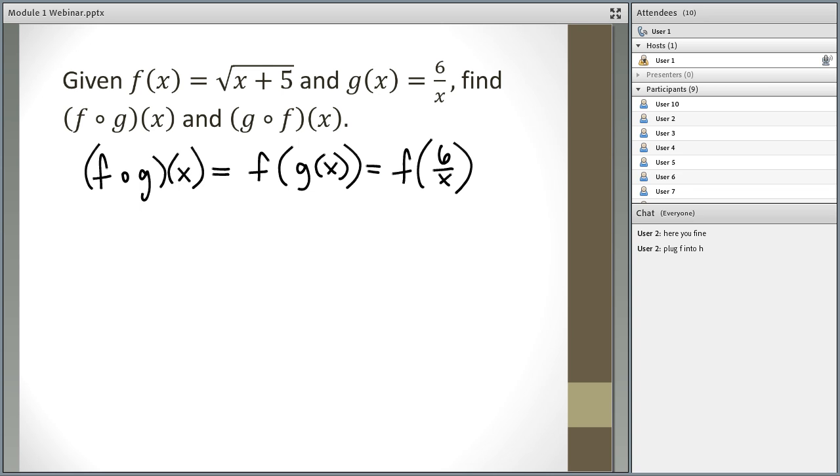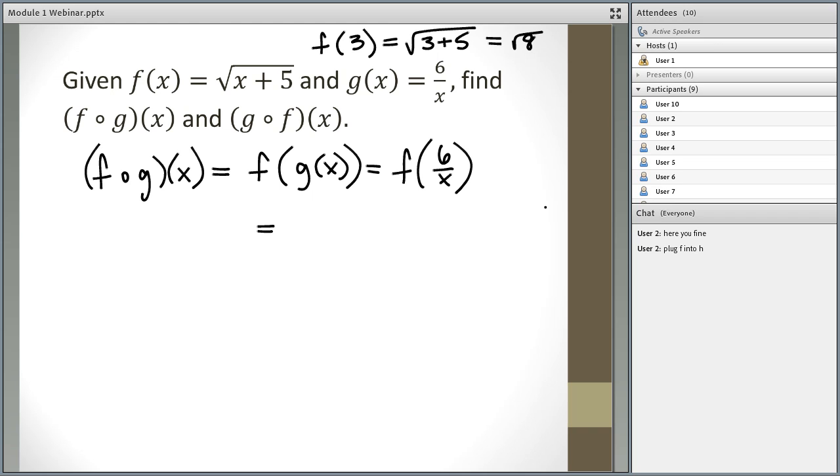So going up here for just a minute, if I asked you to find f of 3, what am I telling you to do? I'm telling you to plug in 3 for x. So we would have the square root of 3 plus 5, or the square root of 8. Again, that's not what we're asked, but I just wanted to mention what it actually means to say f of 3. So what does it mean to say f of 6 over x? It just means replace x by 6 over x.